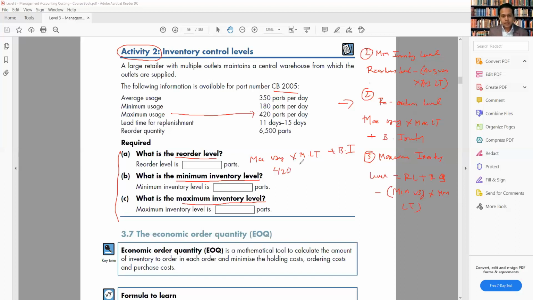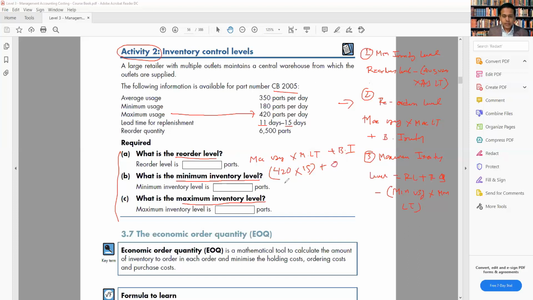That's the maximum use. Maximum lead time, we have 2 lead times. One is 11, one is 15. So which one is the maximum? 15 days is the maximum. So we say 15. And we don't have any buffer inventory in the question. We cannot see any buffer inventory. So we say buffer inventory is 0.